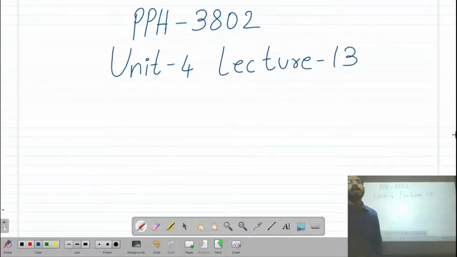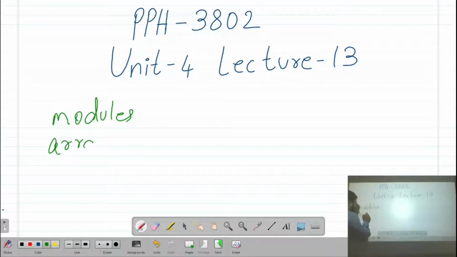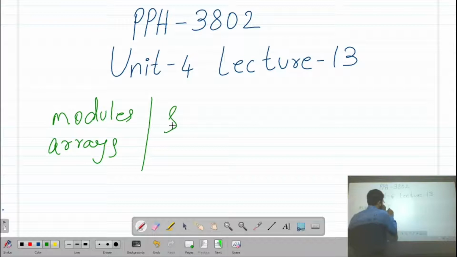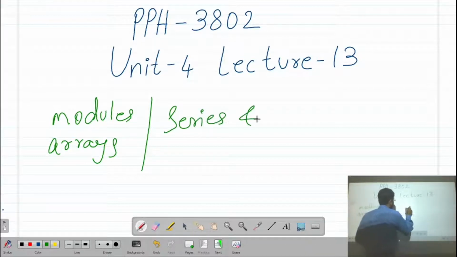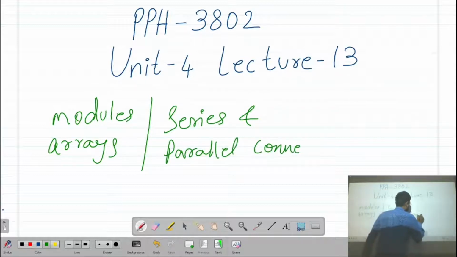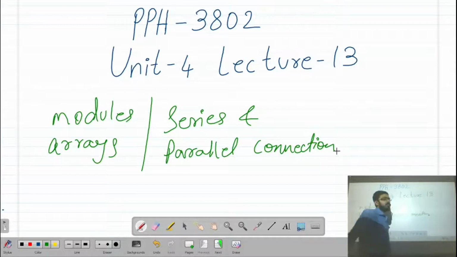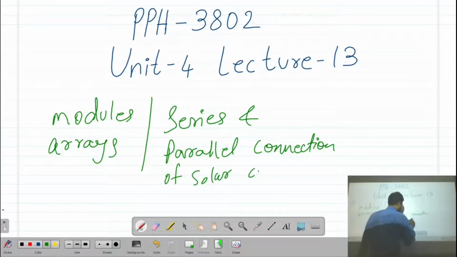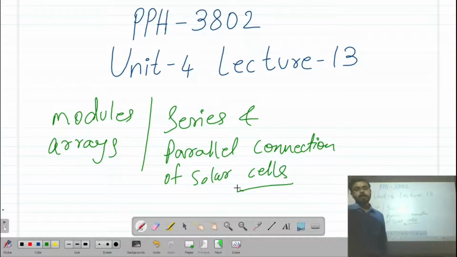In the previous lecture we have seen modules, arrays, series and parallel connection of solar cells, right?